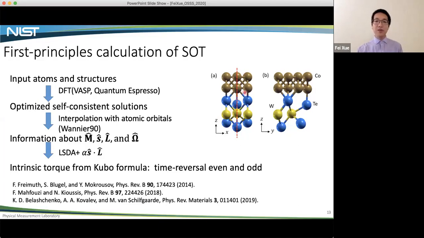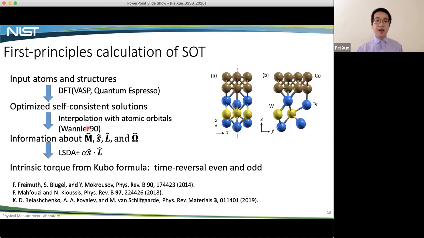Especially since the experiment does not use cobalt, they use Permalloy because you can just sputter it on top. After getting this relaxed structure, we do the standard Wannier90 procedure to extract the effective atomic orbitals to describe the ab initio Hamiltonian.